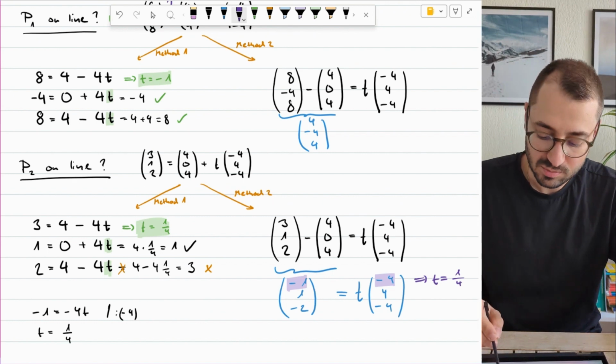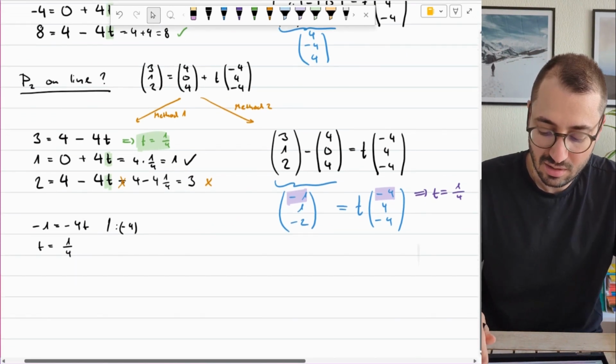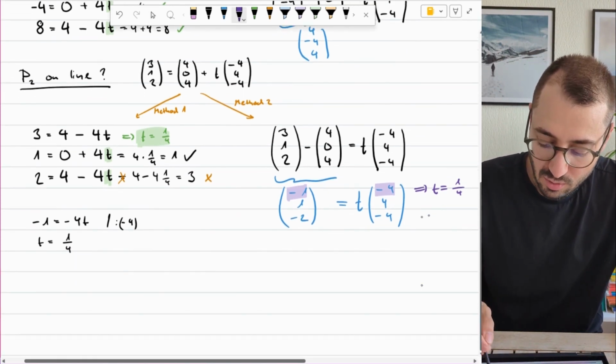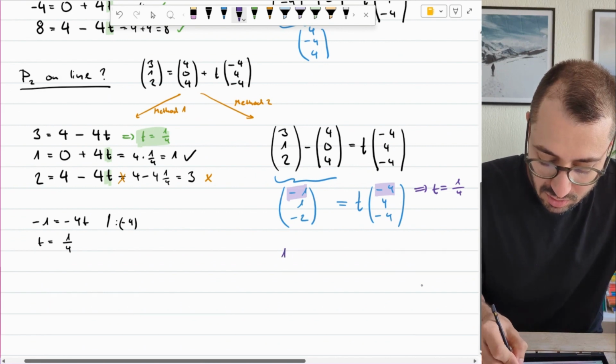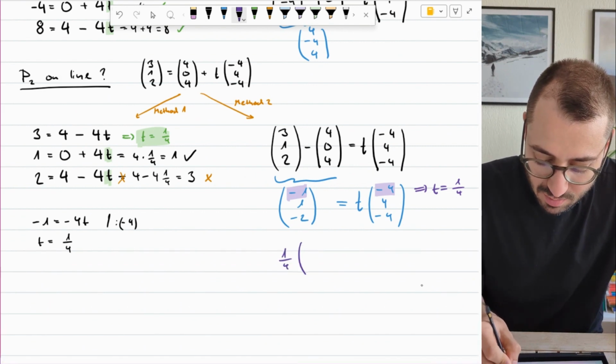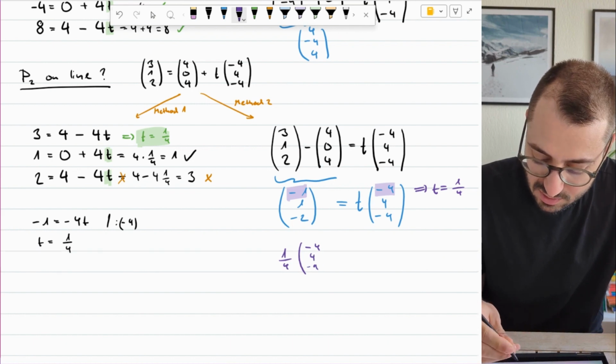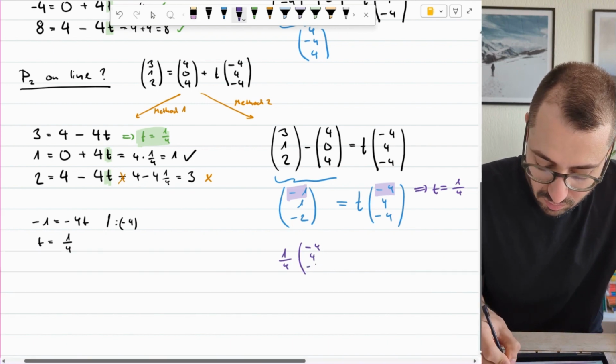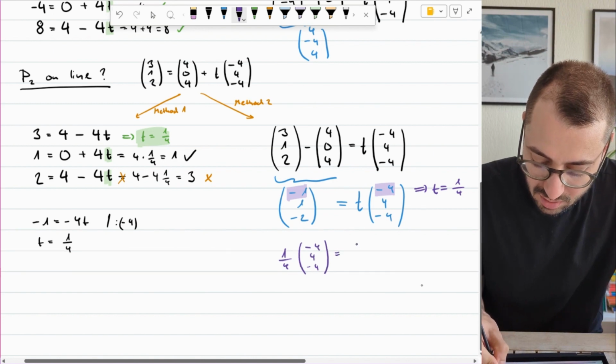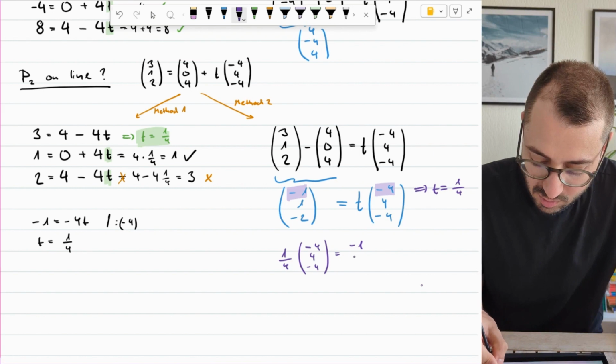Now checking that, if we use t equals 1/4, then 1/4 times (-4, 4, -4) would be -1, 1, and -1.